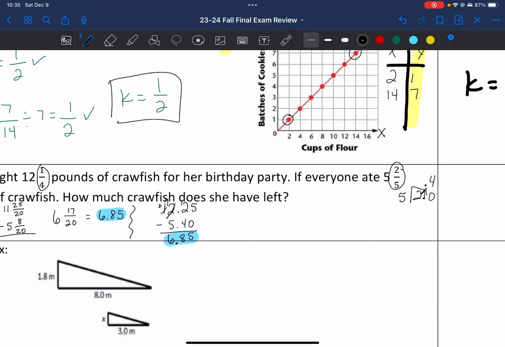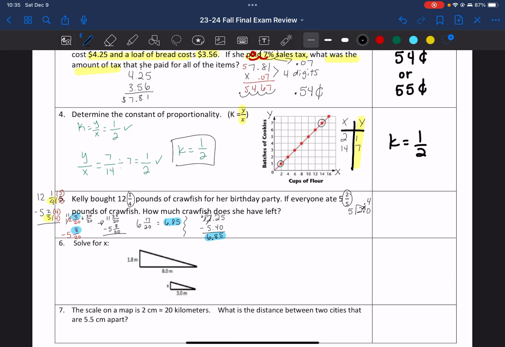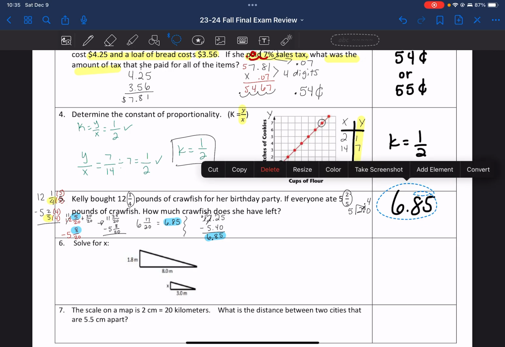And the way that you can do that is by, really, you can eliminate, because sometimes they won't give you more than one answer that could be the answer, if that makes any sense. Okay, so let's go ahead and move on. The final answer is going to be 6.85. Let me move this up a little bit. Actually, let me make it smaller.